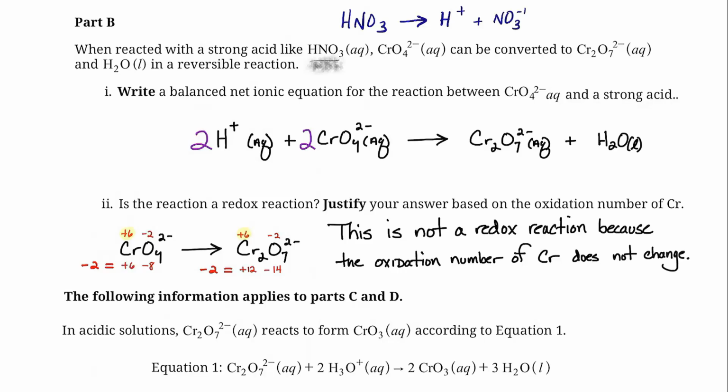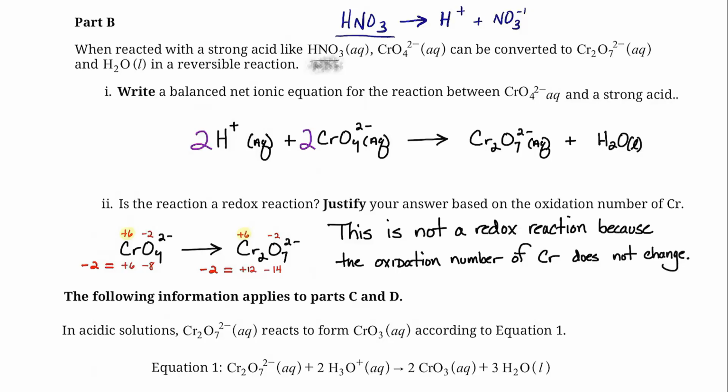Okay, so that is going to completely dissociate. So anytime we're writing a net ionic equation, we never write the combined compound of a strong electrolyte. Electrolytes are things that completely dissociate into ions. That would be soluble salts, or in this case, acids or bases that completely dissociate. So anything that completely separates, we always separate it.